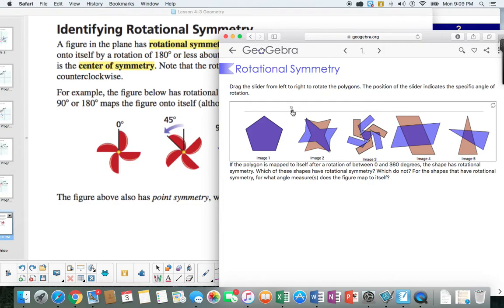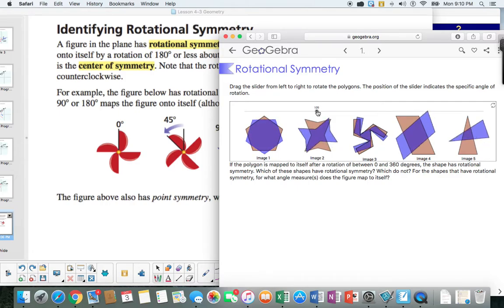Let's keep going. I'm getting to about 120 degrees, and you can see this matches onto itself. And when I get to 144 degrees, it looks like the pentagon has matched onto itself.